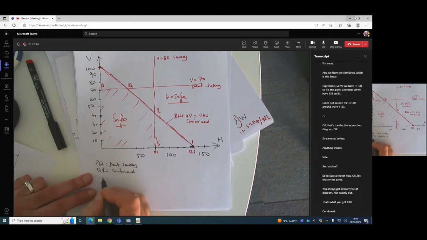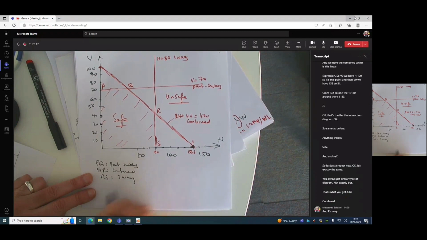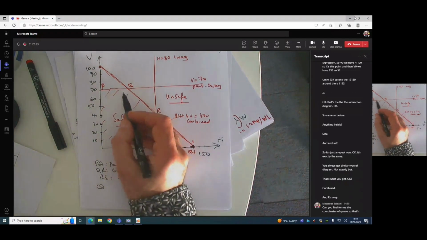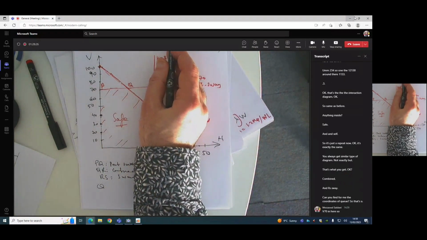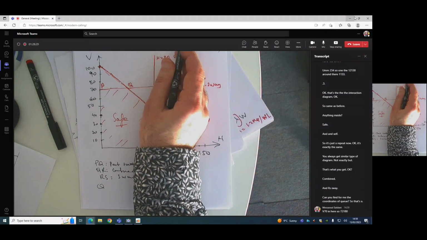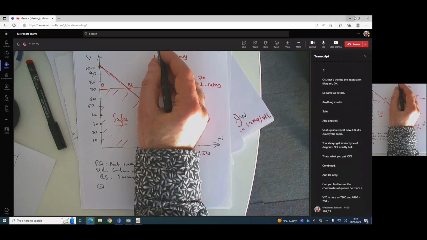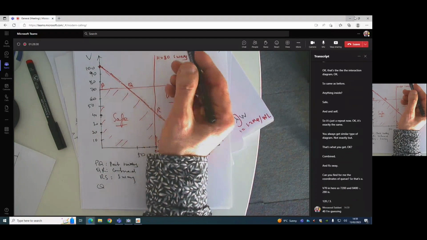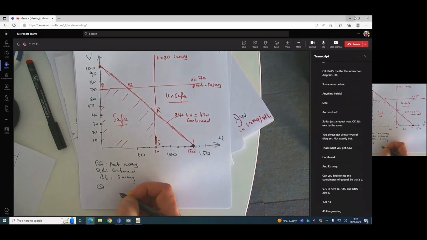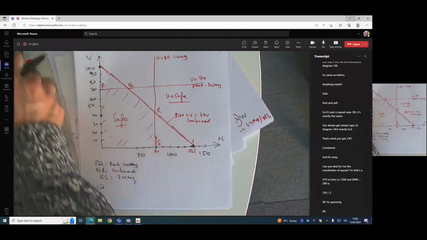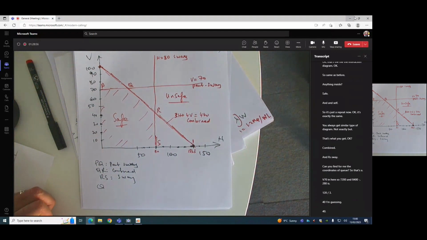Combined and part sway. Can you find for me the coordinates of Q? So that's V equals 70 in here. 3 times 70 is 210... 400 minus 280 is 120, divided by 3, 40. Is it 40?